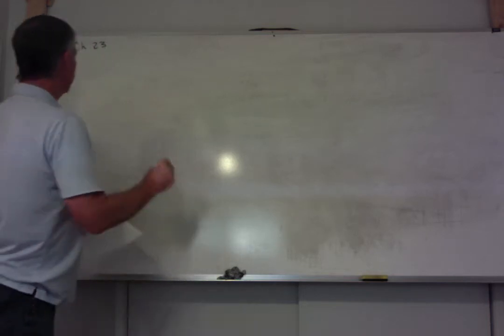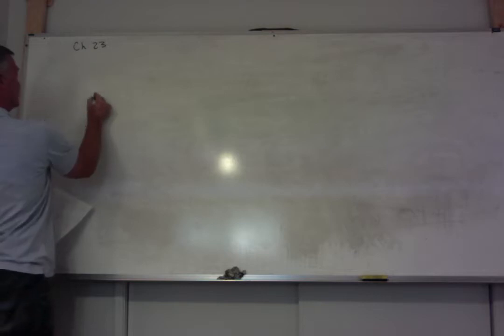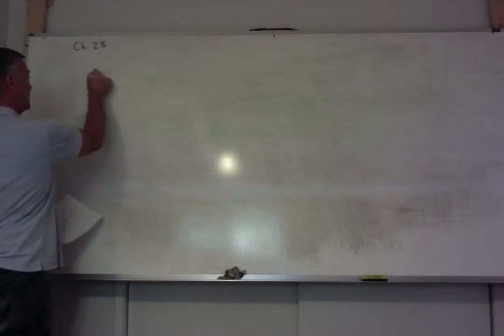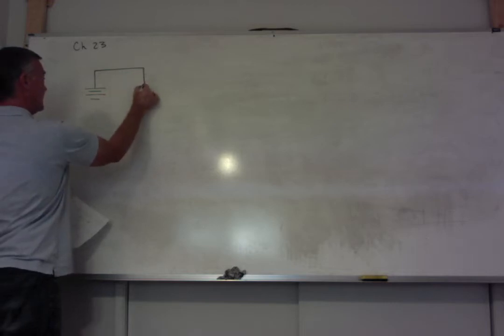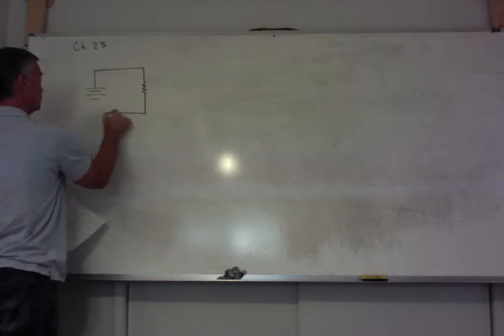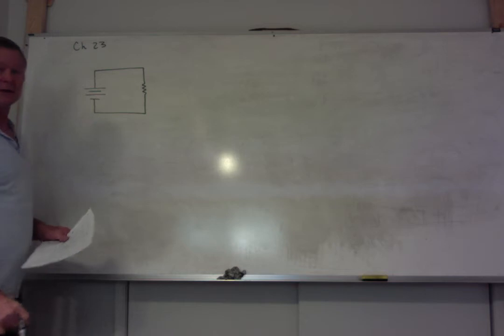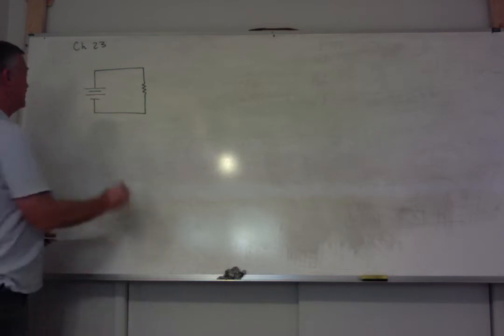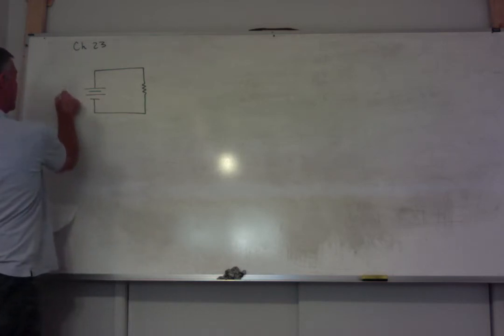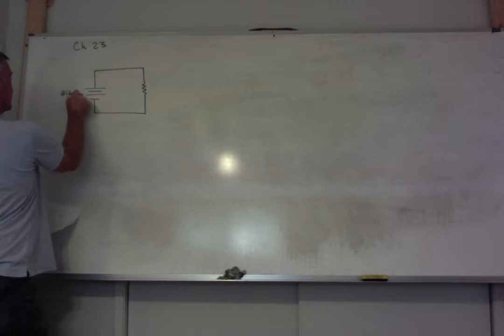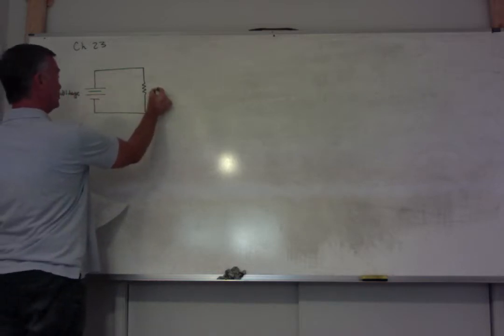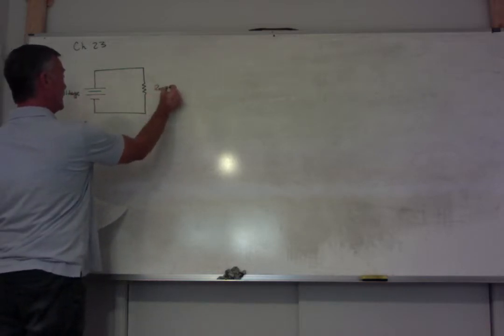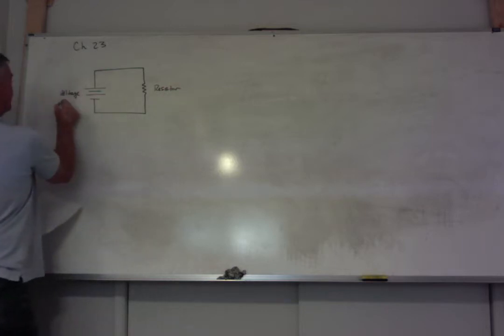A basic circuit comes down to a battery or a generator attached to something that it is pushing electricity through. That is your basic circuit. We have a voltage or a source to push electrons and something to push it through. And for right now, our voltage will be a battery.